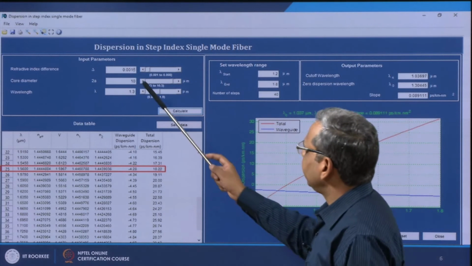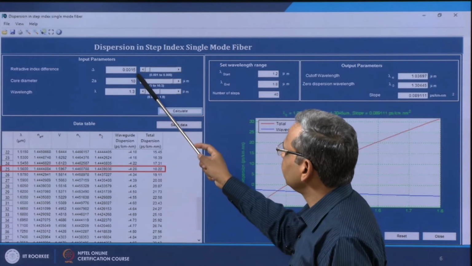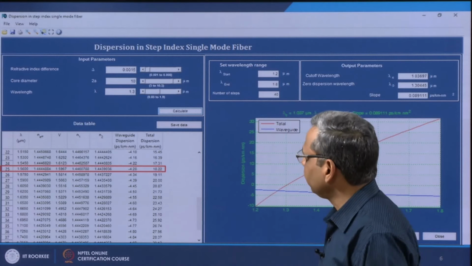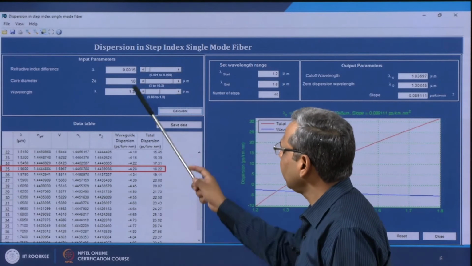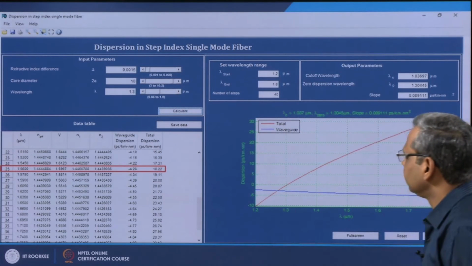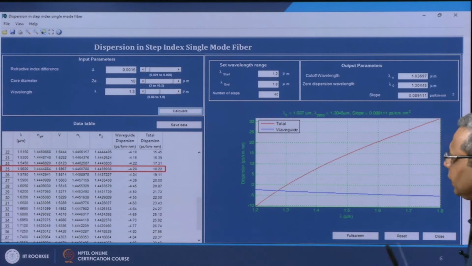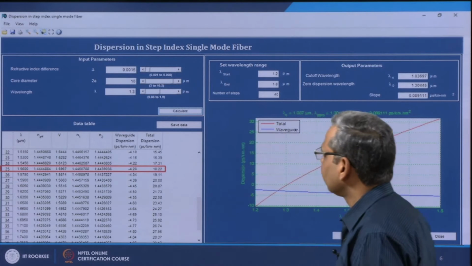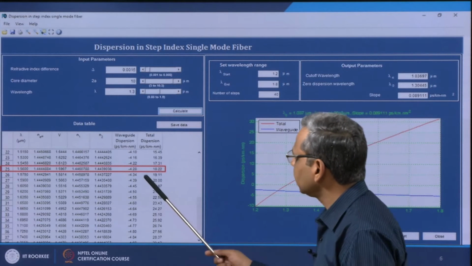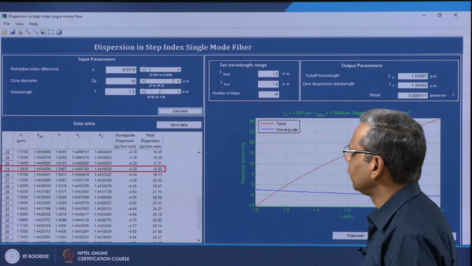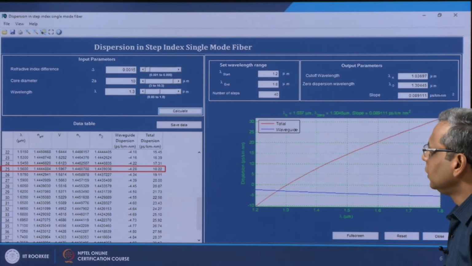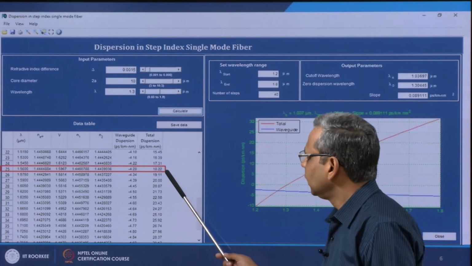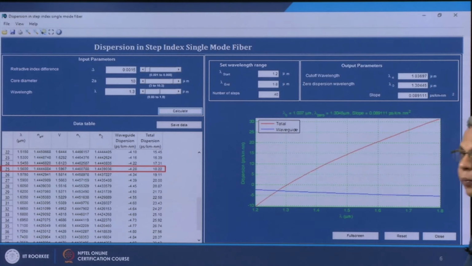So this is when delta is equal to 0.0015, that is 0.15%, and core diameter is 10 micrometer. Then I see that at around 1560 nanometer wavelength, my waveguide dispersion is minus 4.28 picoseconds per kilometer nanometer, and the total dispersion is about 18.22 picoseconds per kilometer nanometer.